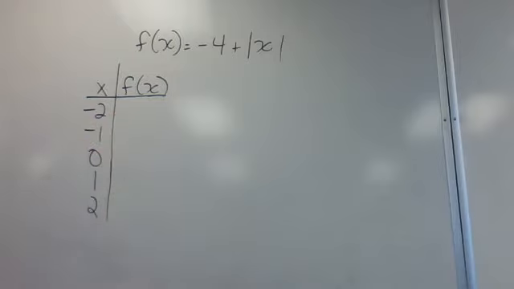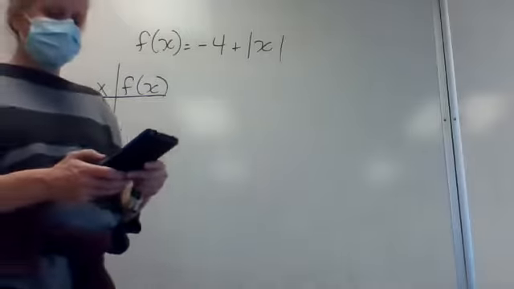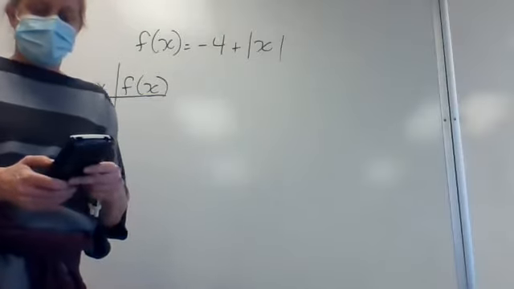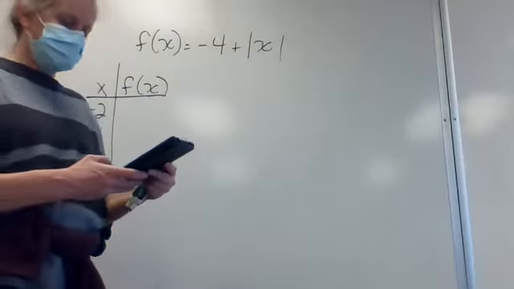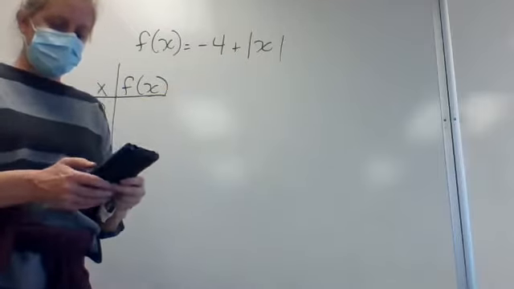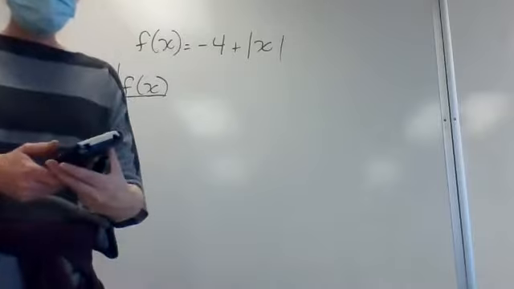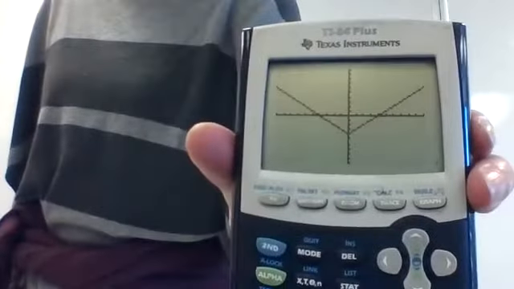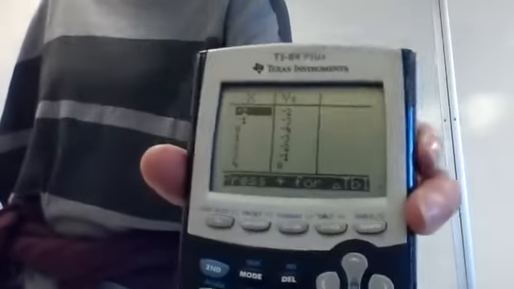So in my y equals, -4 plus, and remember where absolute value is, math, over to number, enter, and then put in your x. So since it's absolute value, it is going to be another V shape. So go to second table.